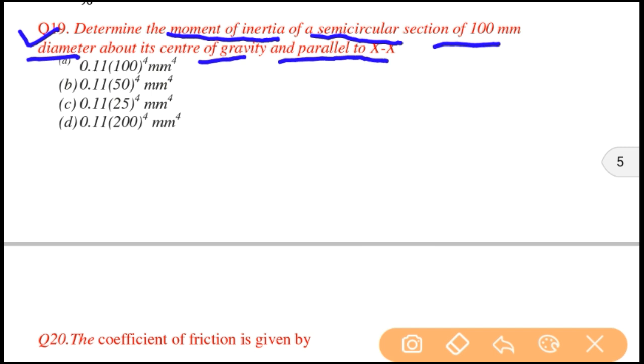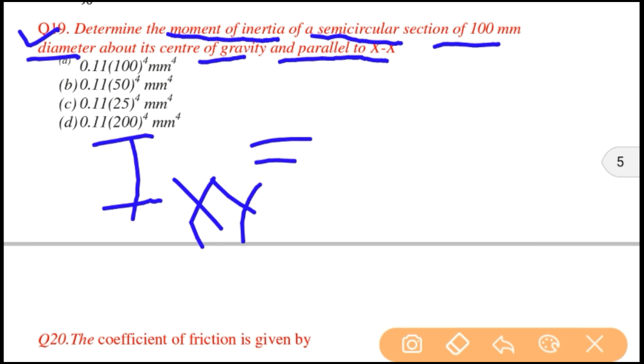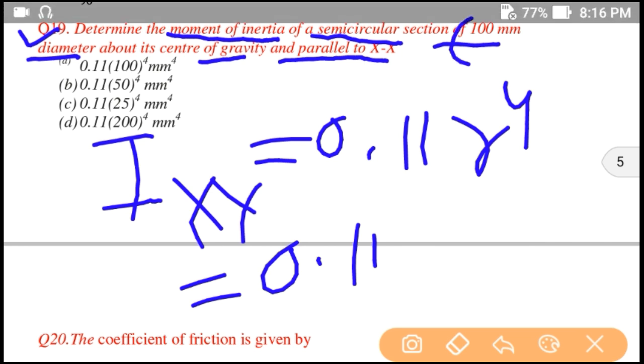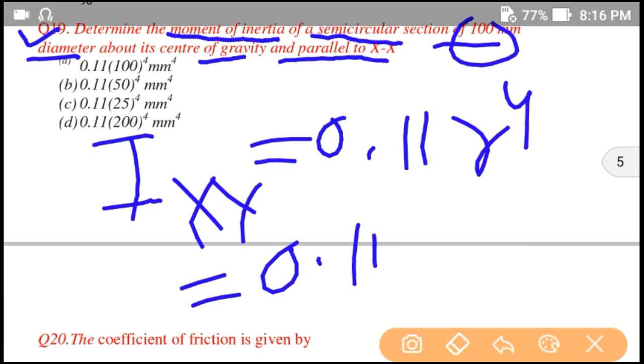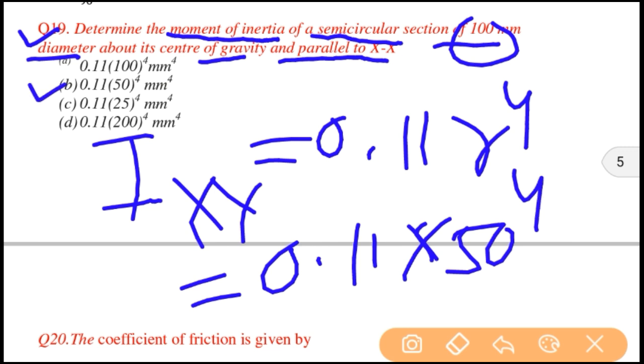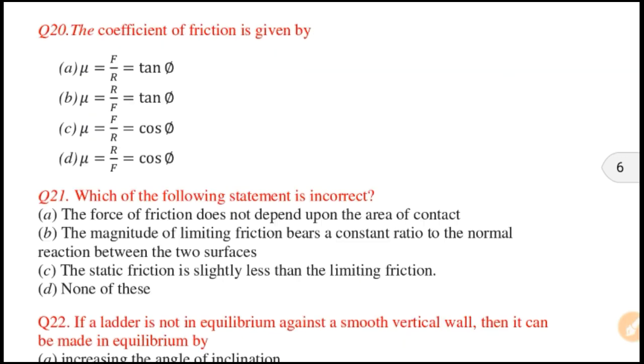For that, the moment of inertia about the x-axis is given by 0.11 into the radius to the power fourth, that equals 0.11 into, here the diameter is 100, so the radius will be 100 by 2, that is 50. So into 50 power fourth. So option B will be the correct answer.